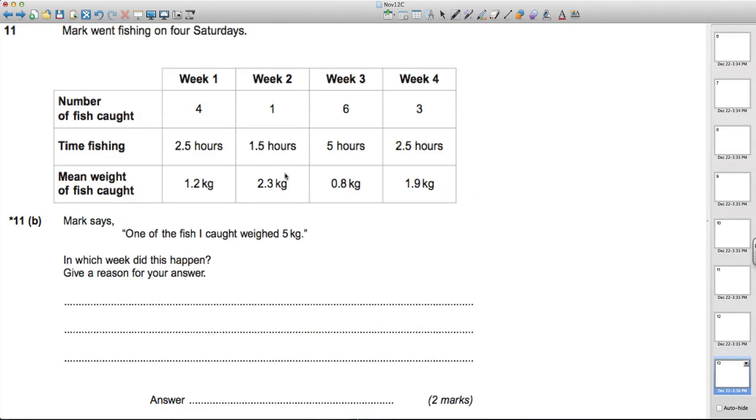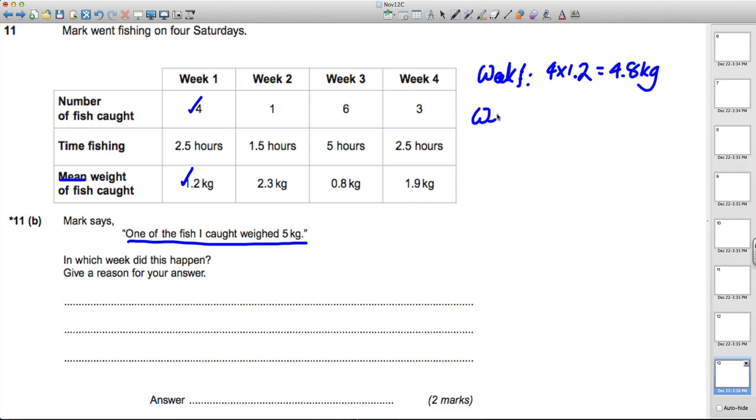Now, the next question says one of the fish Mark caught was 5 kilograms. Which week did this happen? Let's think what this table is saying. It's saying he caught 4 fish, and the mean weight of those fish was 1.2. So in week 1, he must have caught in total 4 multiplied by 1.2, 4.8 kilograms of fish, because to get a mean weight of 1.2, it must have been 4.8 divided by 4.